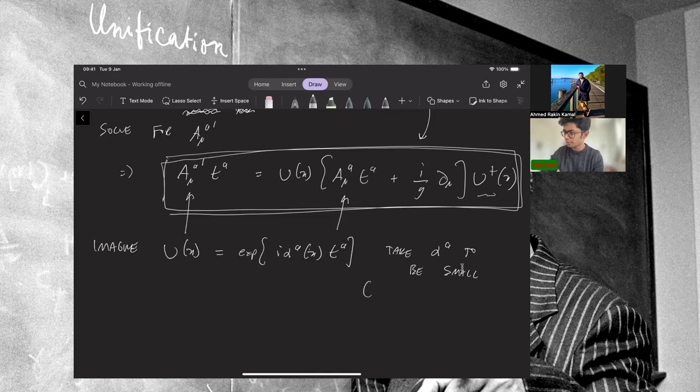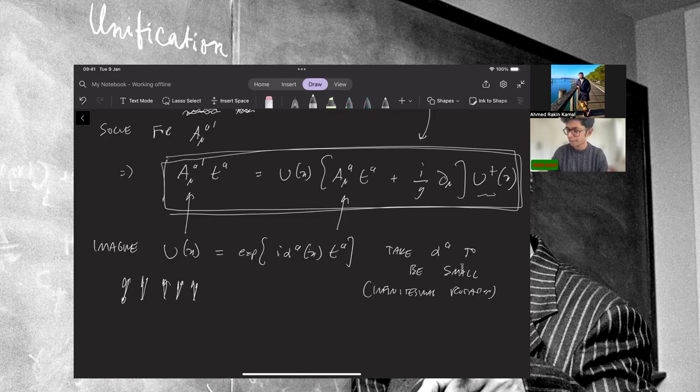Okay, which means we're looking at a very small rotation, an infinitesimal rotation. So the field, if this was the field to start with, then afterwards it just rotated a little bit, in a way that depends on space, but it's always a very small rotation.